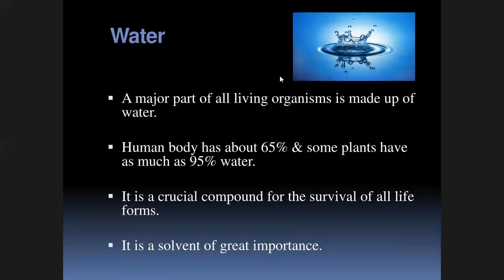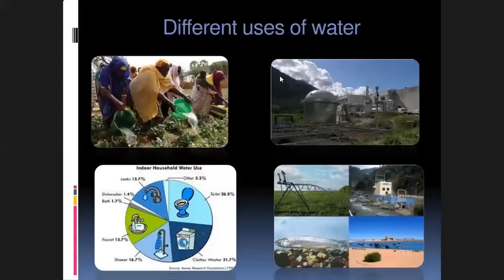If we talk about general composition in flora and fauna, animals have 65% and plants contain almost 95% water in their body, because in plants the main transportation system is water. So it is a crucial compound for the survival of all life forms. It is a solvent of great importance.